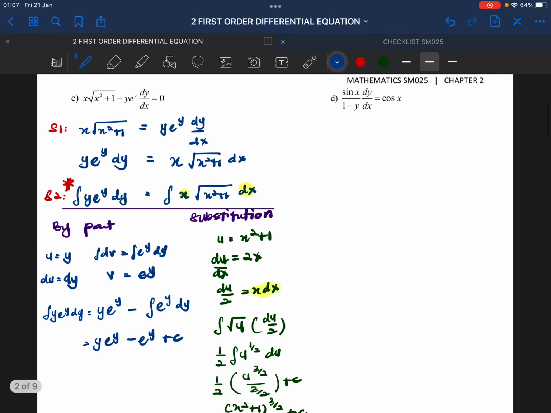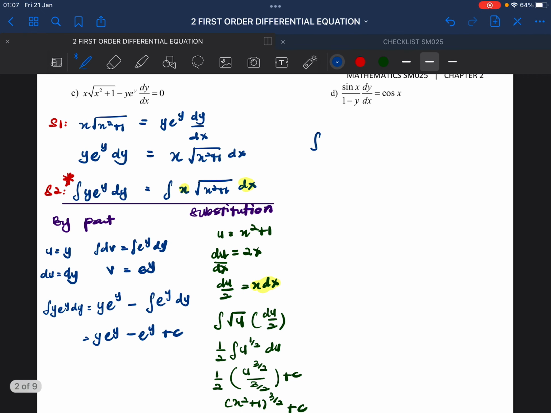So for the final answer, we should have the integral of y e^y dy equals the integral of x square root of x squared plus 1 dx. The answer for this one is this one, so we will have y e^y minus e^y.